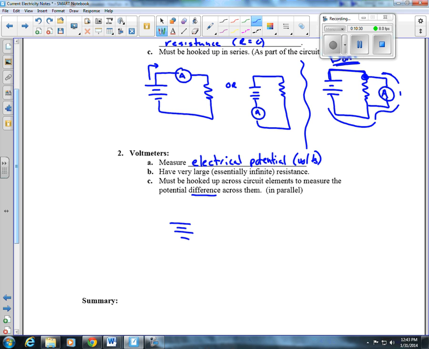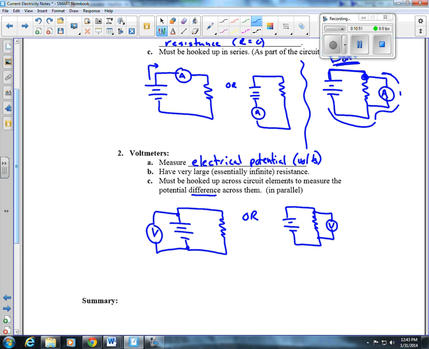So if I have my battery here, my resistor here, I can hook up my voltmeter around here. That would give me the potential difference across the battery. Or I can hook them up like this. Voltmeter there, that's okay as well.